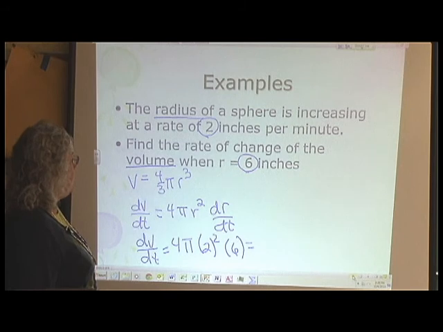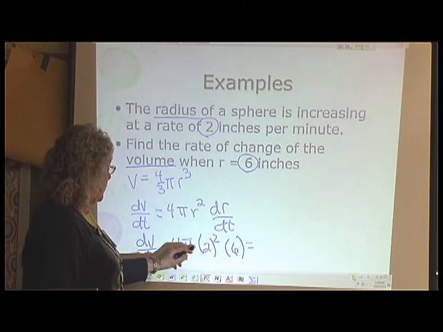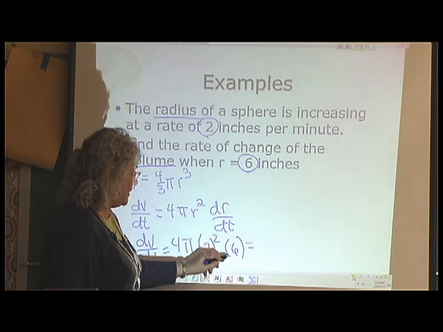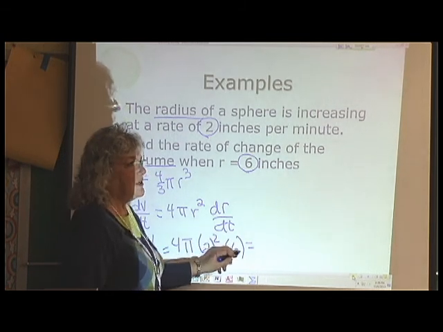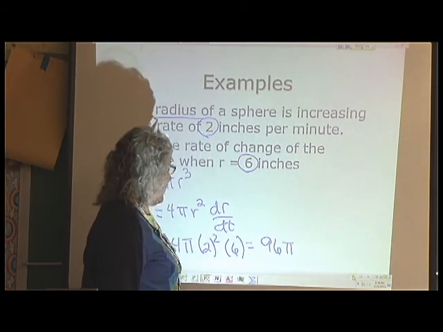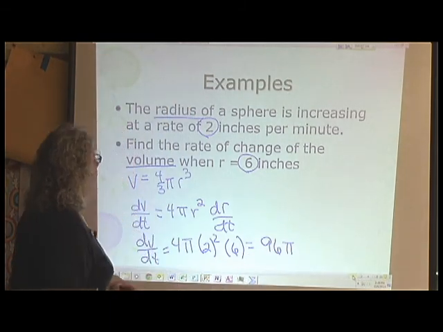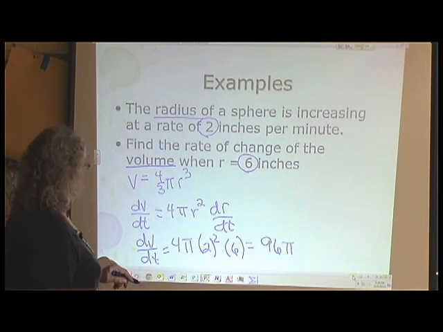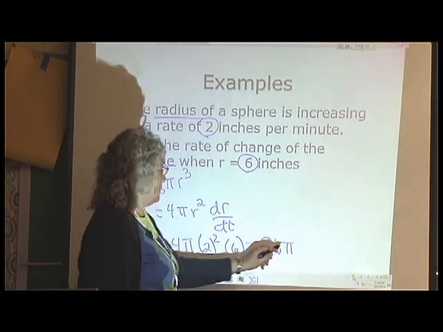And whatever that rate of change is will be your rate of change of the volume. So that's 4 times 4 is 16, times 6 is 96 pi. And that would be inches cubed per minute.